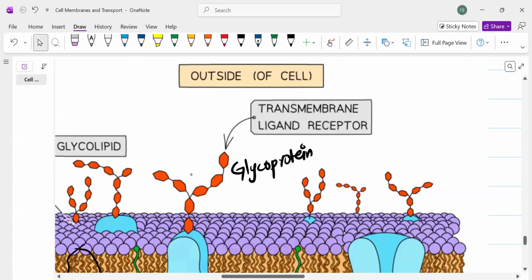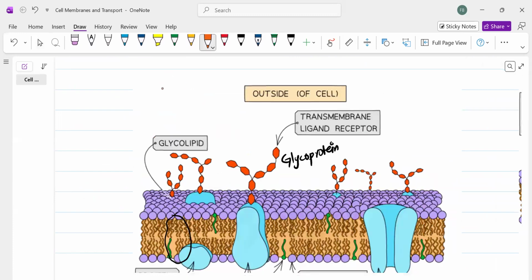For example, one hormone is present over here. This hormone has to enter the cell. From where will it enter the cell? It will attach to this part only.